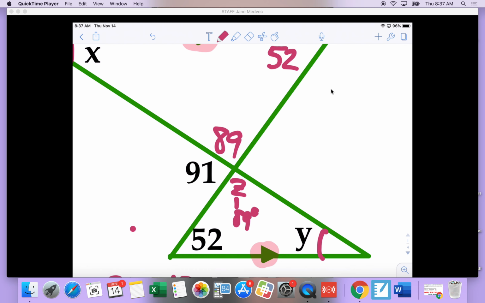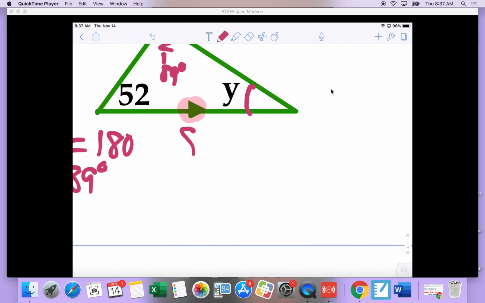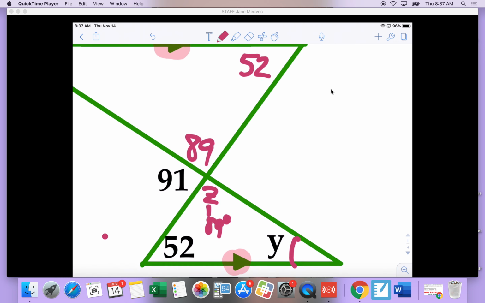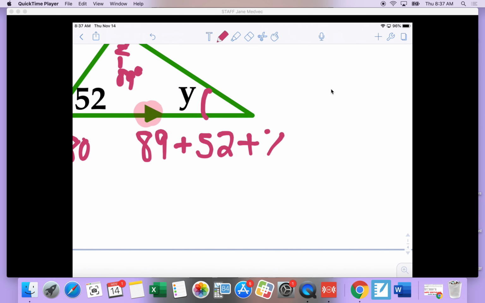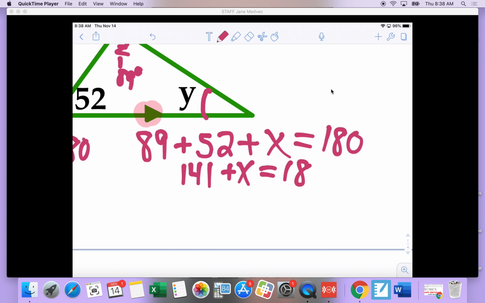52 plus 89 plus x. Very good, absolutely. So I can go 89 plus 52 plus x equals 180. Add them together, I get 141 plus x equals 180.